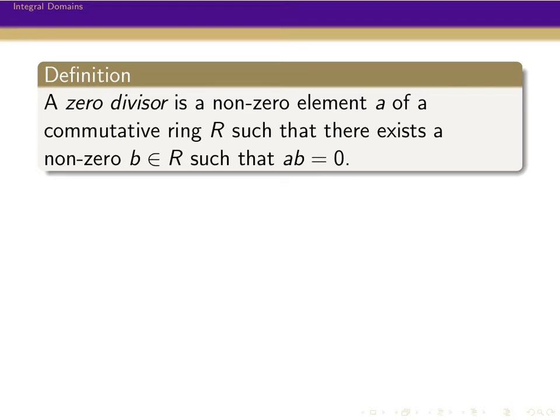Okay, so now we've talked about basics of rings. Now we're going to talk about some important subtypes of rings. The first important notion that can happen in a ring is something called a zero divisor. A zero divisor is a non-zero element a of a commutative ring such that there exists some other non-zero element b in the ring where a times b equals 0.